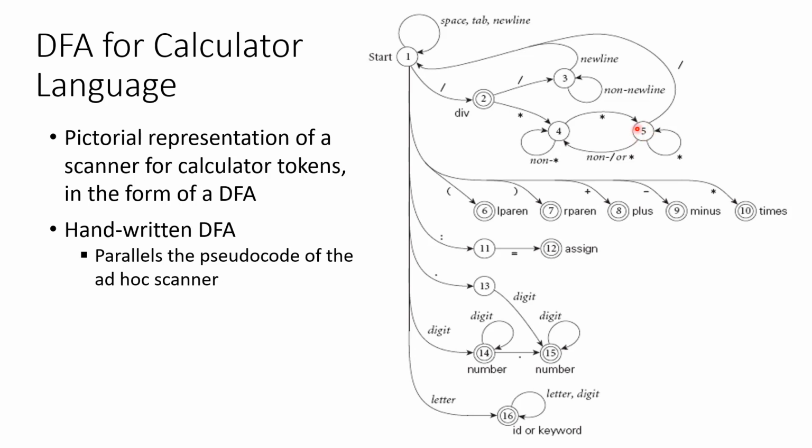At state 5, it will stay at state 5 whenever it sees an asterisk. Otherwise, if it sees a non-asterisk and non-forward slash character, it will go back to state 4. And at state 5, if it sees a forward slash, then it goes back to the start state, because at that point it just finished recognizing a multi-line comment.